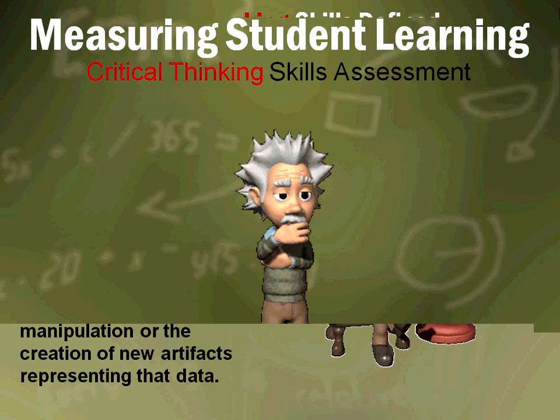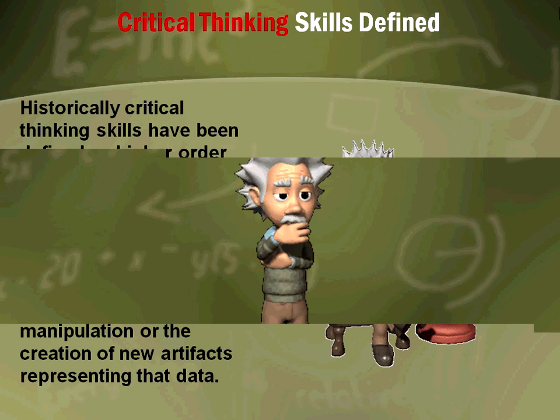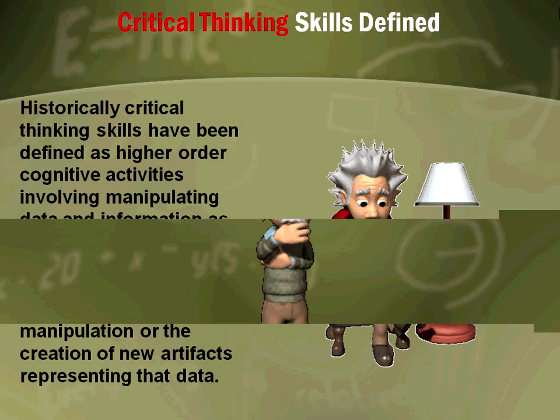Those things that are presented to you, those things that are observed, and those things that are discovered, and then manipulating them to form a solution to the problem at hand. And that solution would be considered an artifact. That's the representation of the solution that you put together to resolve this issue, whatever that issue might happen to be.